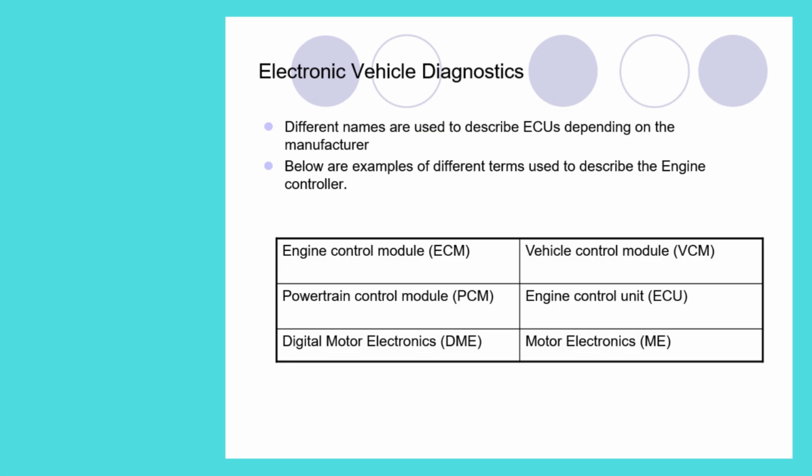Different names are used to describe ECUs depending on the manufacturer. Below are examples of different terms used to describe the engine controller: ECM, PCM, etc. Do not get too caught up on the specific terms used, as they vary from manufacturer to manufacturer. Rather, pay attention to each vehicle and system as you perform the diagnosis.